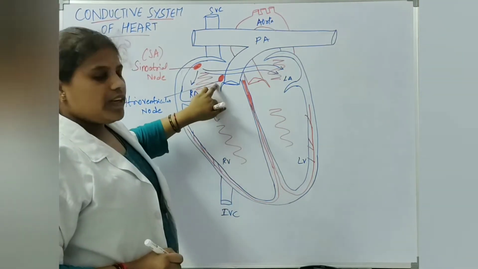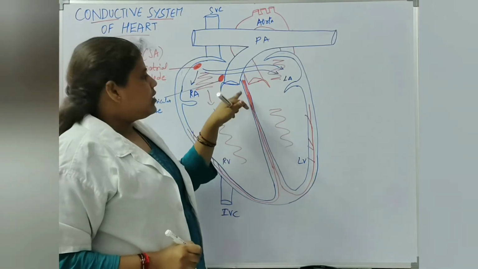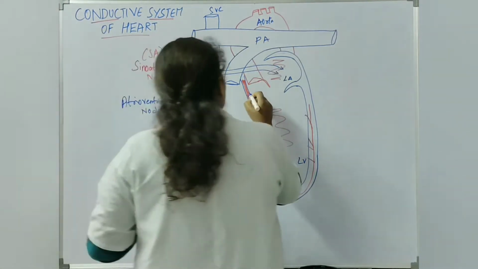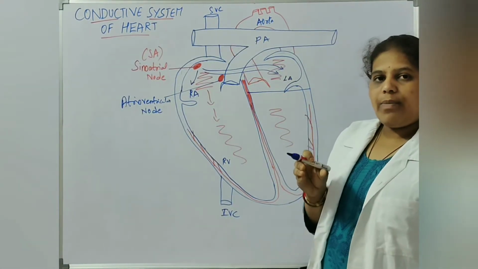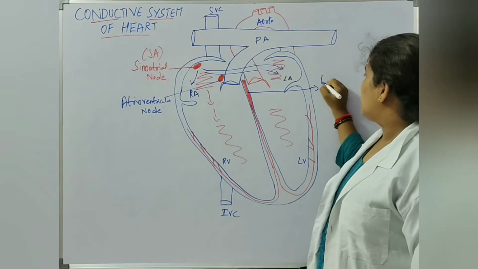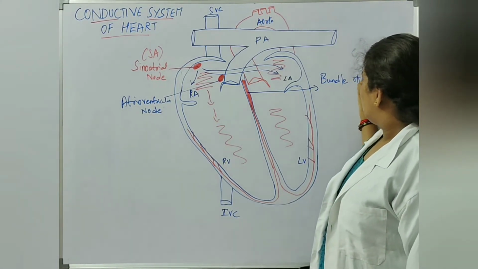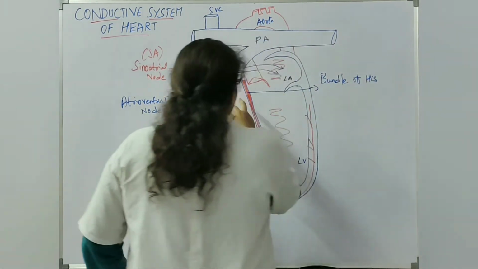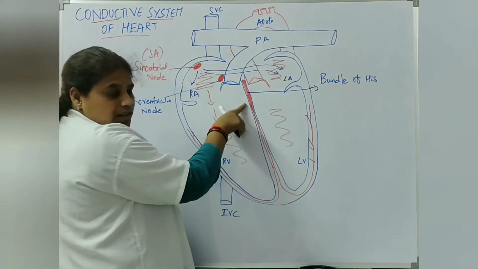Now, the atrioventricular node takes the signal and sends it to the bundle of His. Here we have the bundle of His. A bunch of fibers together form the bundle of His. The impulses are transmitted from the AV node to the bundle of His.